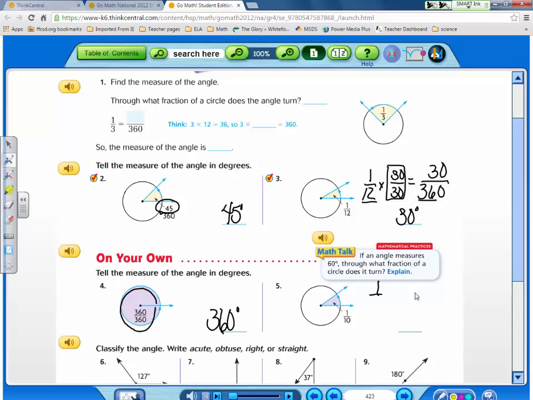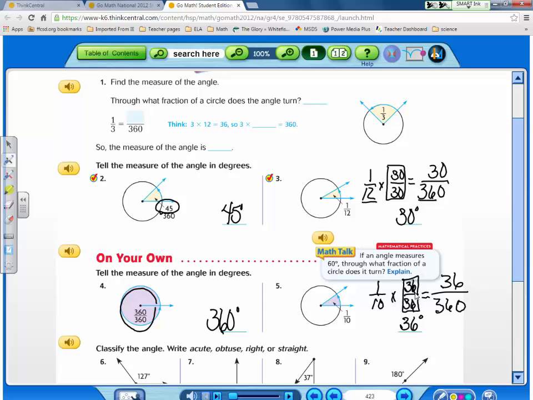So again, I will set that up. 1/10 times something equals 360ths. 10 times 36 is 360. So 1 times 36 is 36. So that's 36 degrees of the circle. And if I were to put my protractor on there or think about what my protractor would look like, that really does make a whole lot of sense.